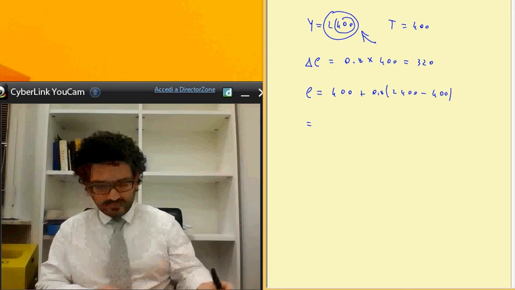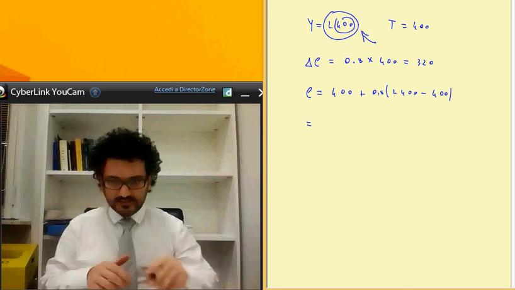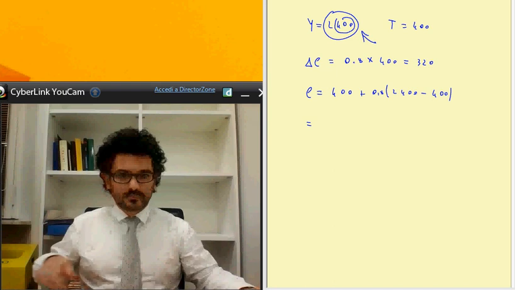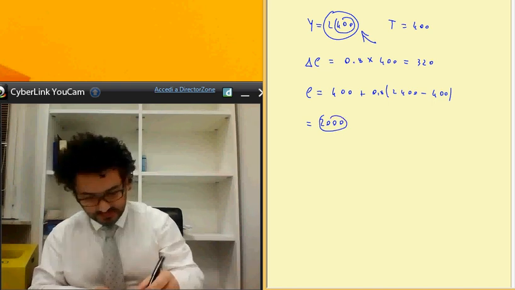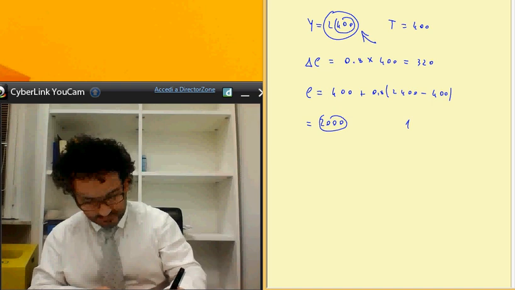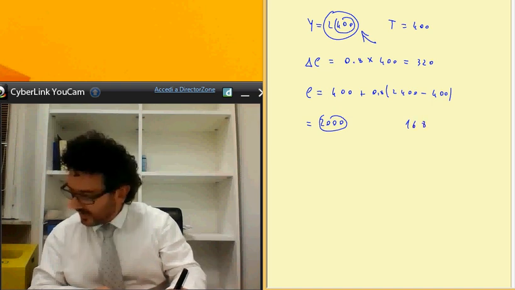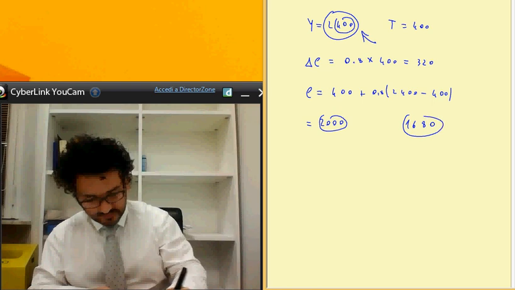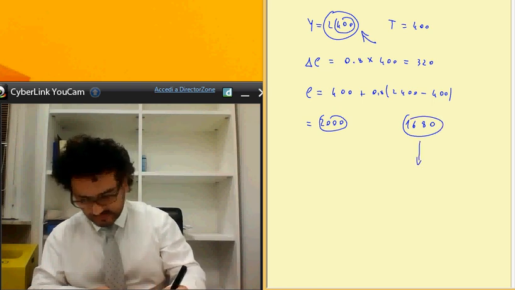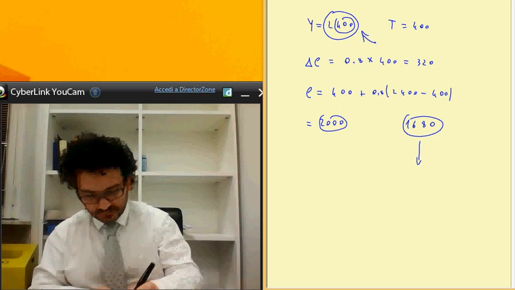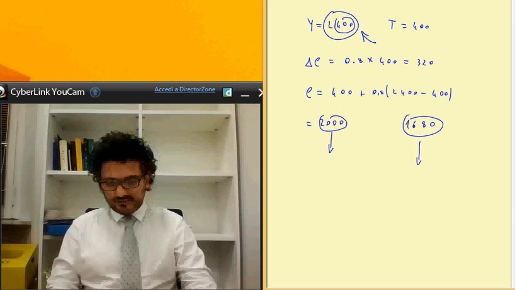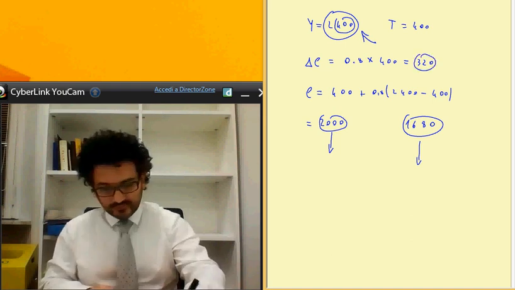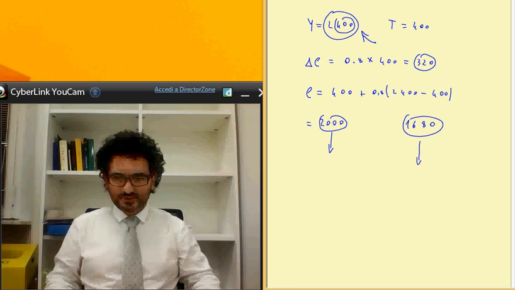Solving this, we get 2000, which compared to the previous level of consumption, which was 1680, and corresponded to an income equal to 2000, while this corresponds to an income equal to 2400, the difference is equal to 320, which is the increase in consumption.